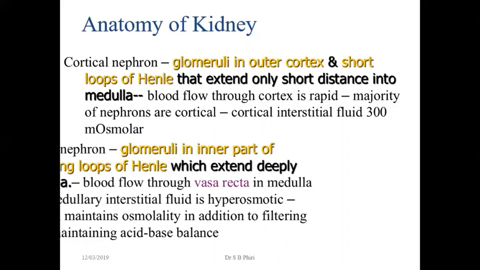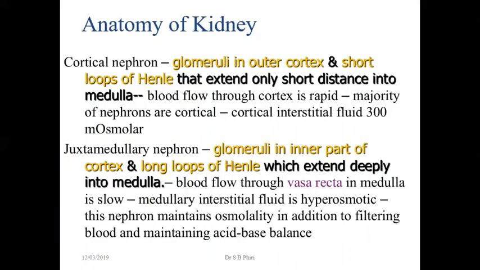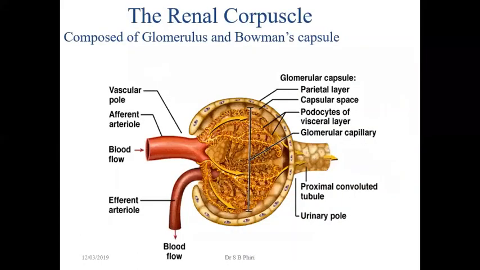Then you have the juxtamedullary nephron, where the glomeruli are in the inner part of the cortex, and long loops of Henle which extend deeply into the medulla. So if the loop of Henle extends deeply into the medulla, this is the juxtamedullary nephron. So these are the two different types. But the peritubular capillaries around the loop of Henle are called vasa recta, like I've already explained.